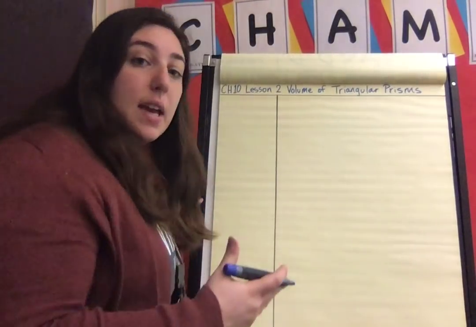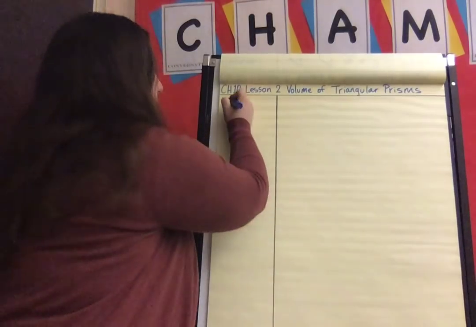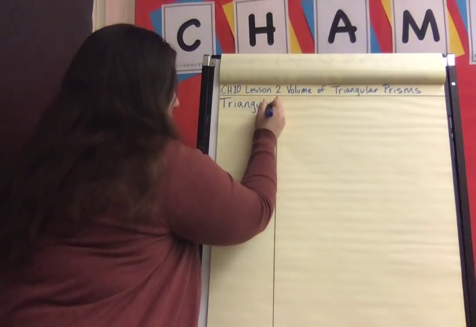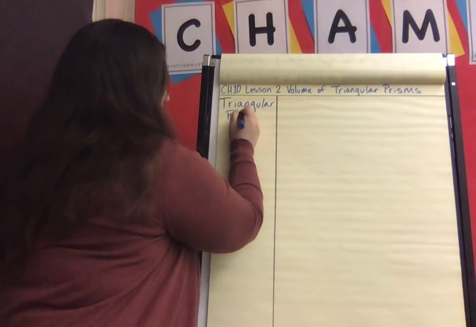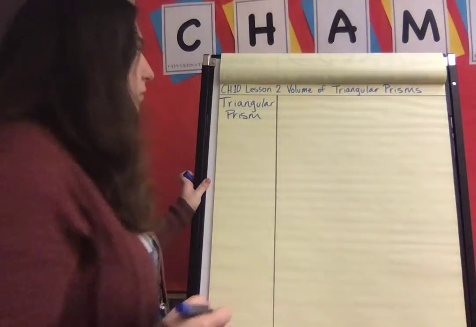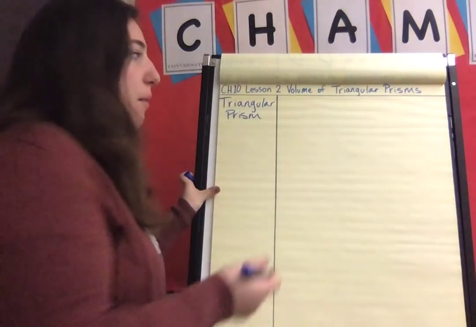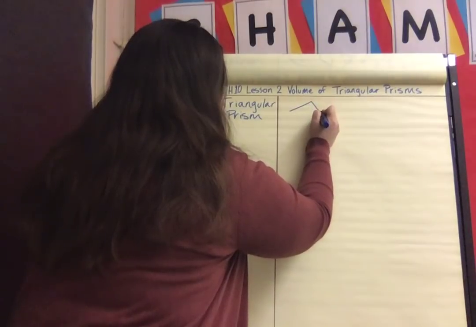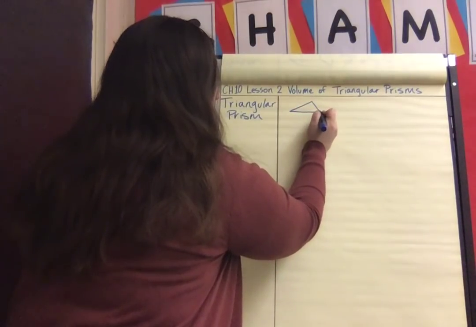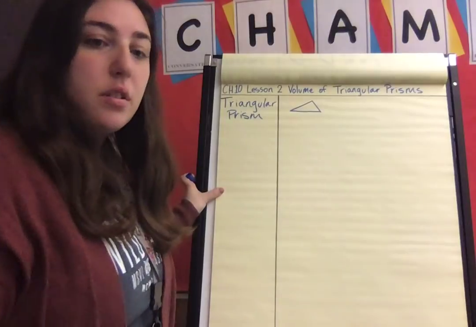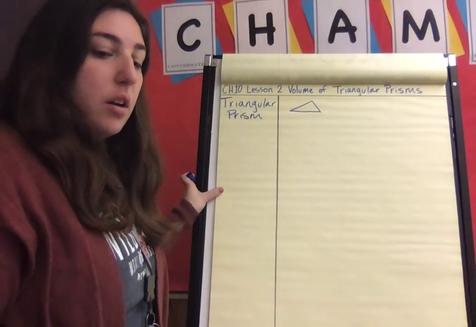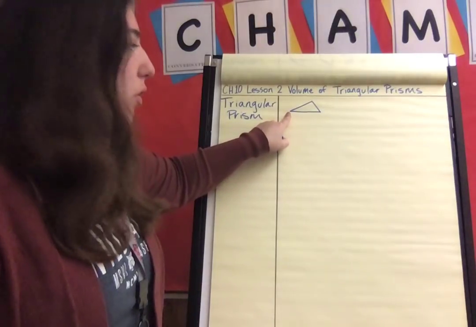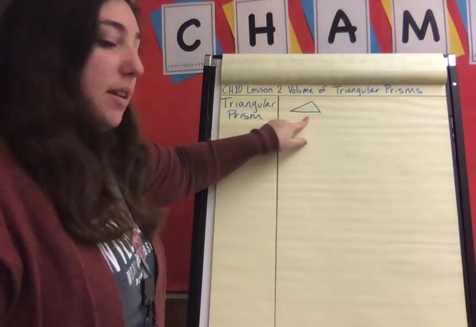We're going to sketch out what a triangular prism is. So a triangular prism, once again, we are finding the base first, okay? So my base here, we're finding the area of the base. Okay, so this would be one of my bases, right?